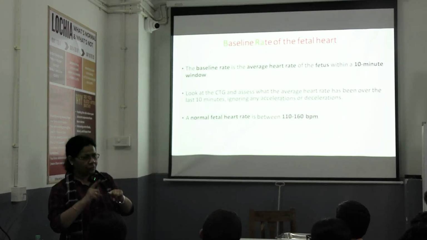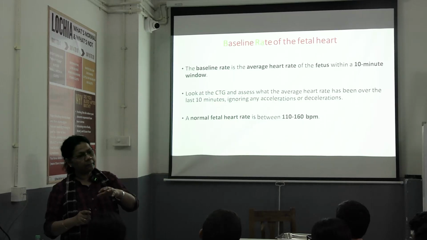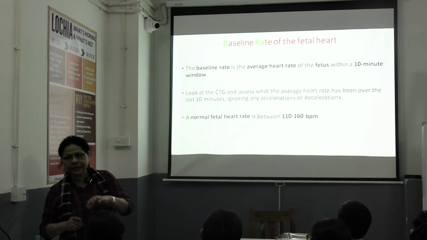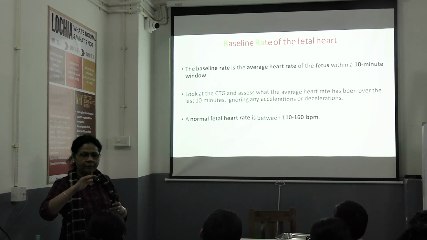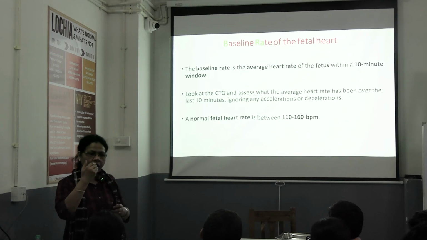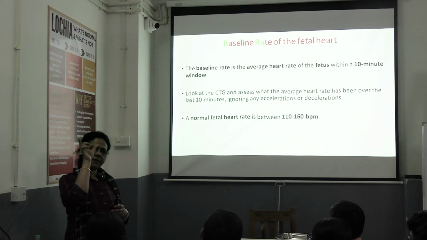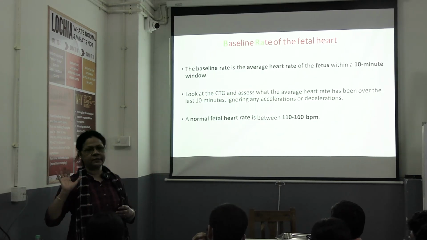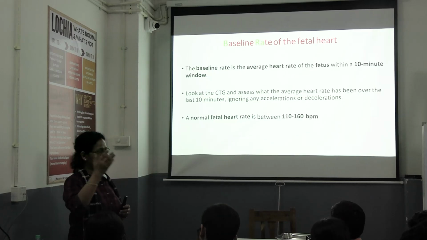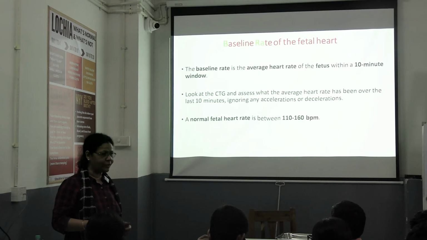We can excuse early deceleration, late deceleration can be pathological. Variable deceleration is definitely pathological. So these are the reasons why you have to learn to classify. In undergraduate class, you have to know what is heart rate, what is variability, what is acceleration and what is deceleration. The rest you can take up when you take up OBG as your specialty.